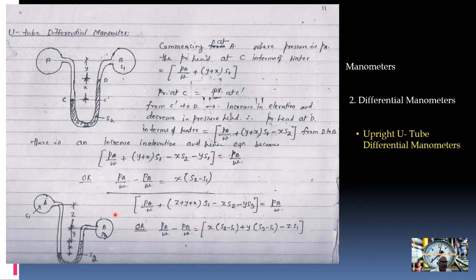Here in this case the pipe B liquid is different, so we have to multiply it by Y S3, is equal to PB by W. So Pa by W minus PB by W is equal to X into S2 minus S1 plus Y into S3 minus S1 minus Z S1. So this is the manometric equation for such type of arrangement.